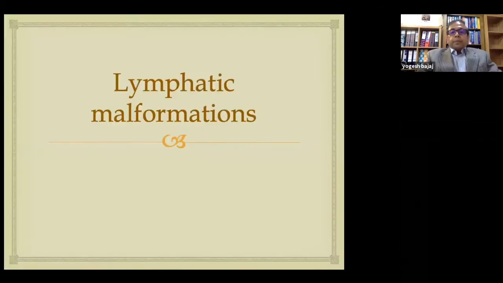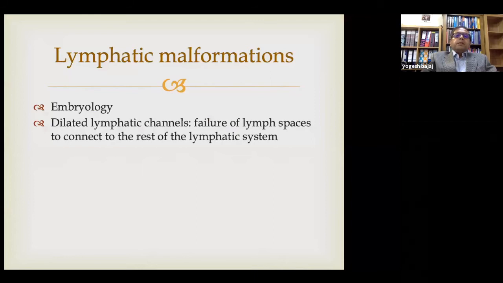Okay, so we'll move on to the third condition, which is lymphatic malformations. Again, I'll say fairly common, so you will end up seeing these conditions as well at some point during your clinical practice. These are congenital lesions.